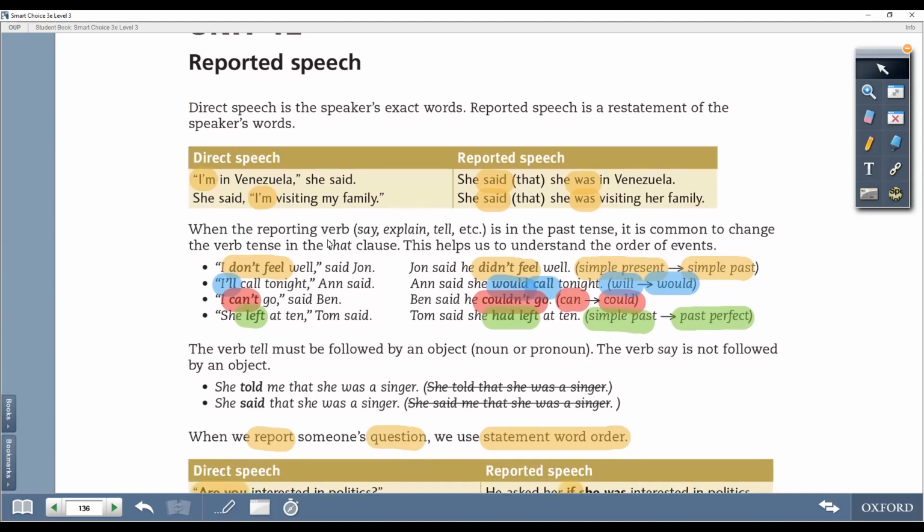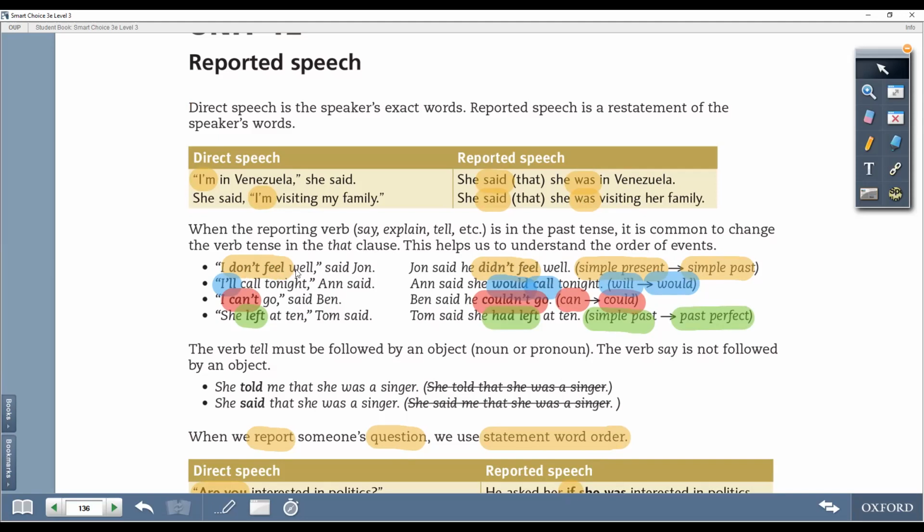Now, when the reporting verb say, explain, or tell is in the past, it's common to change the verb tense in the that clause, in the second one here. This helps us to understand the order of events. So when I use the verbs, for example, say in the past, like this, then we change the order. So just like in the language focus I showed you, simple present becomes simple past.